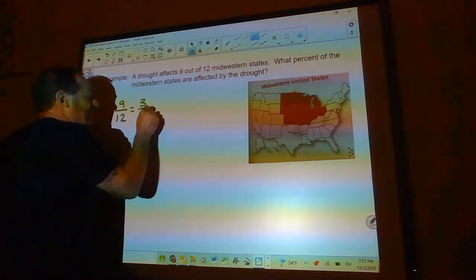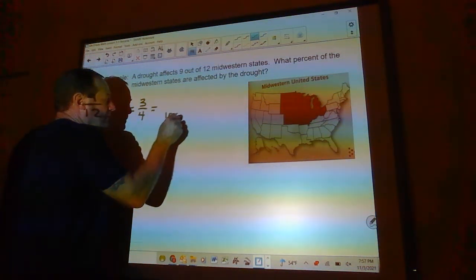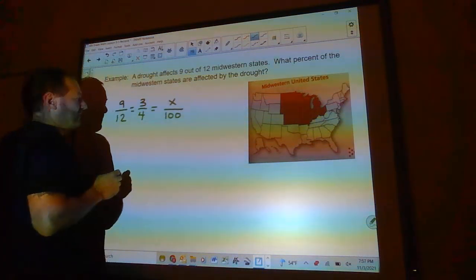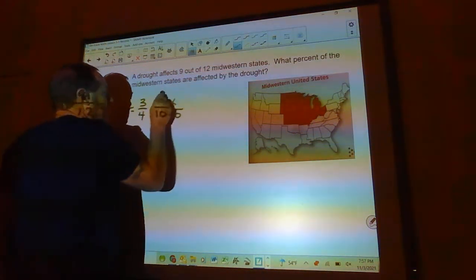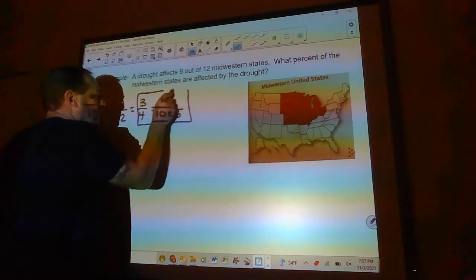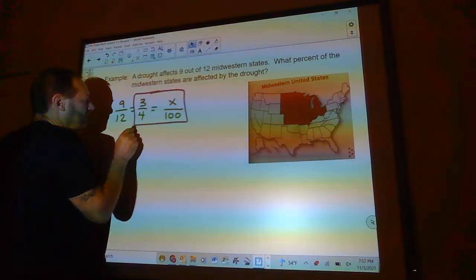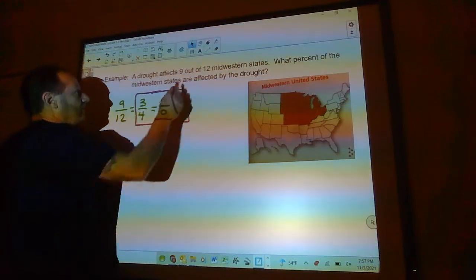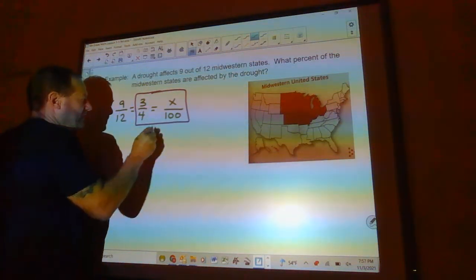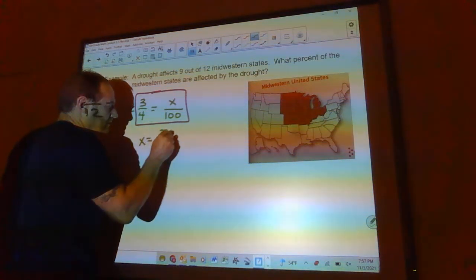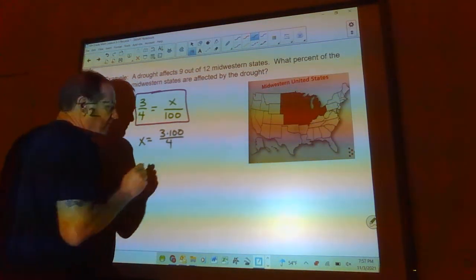Now, we are going to set that equal to a fraction with 100 in the denominator. We're going to ignore this over here now. Just going to look at this part. That's the part we want to look at. And so x is going to equal 3 times 100 divided by 4.